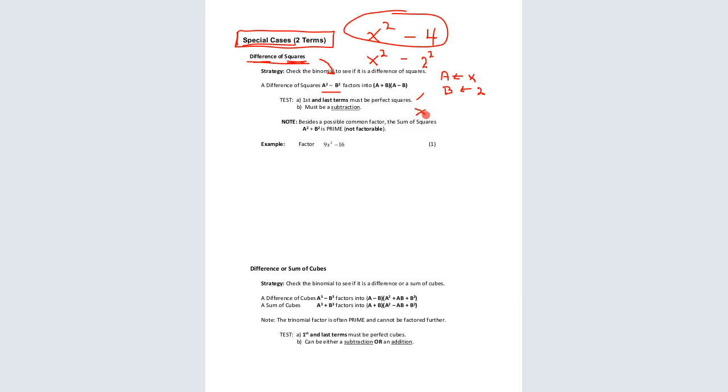So it's going to be a plus b times a minus b. And so this factors into that. That's my factor. So this binomial factors into 2 binomials.